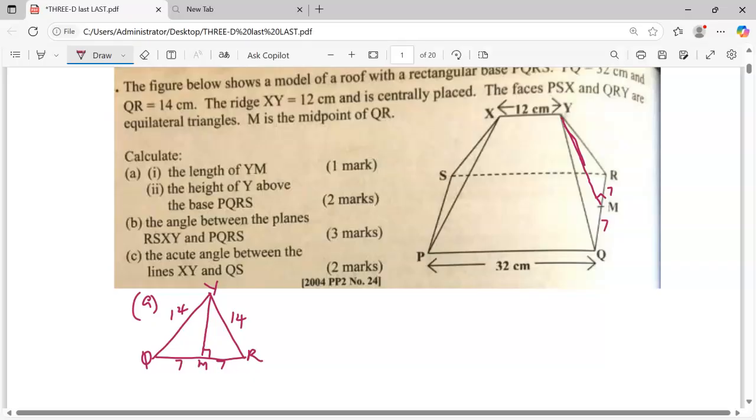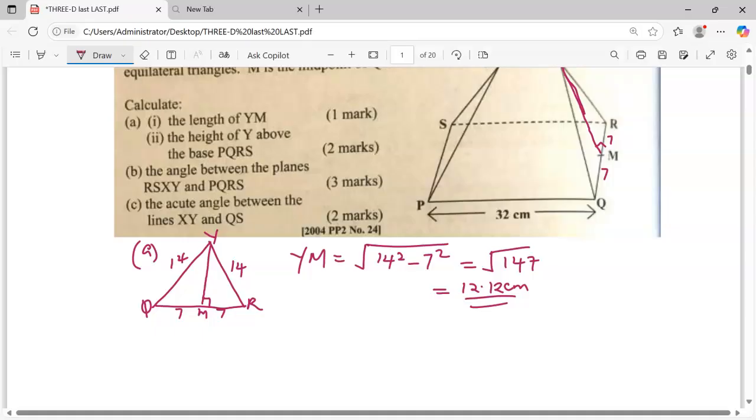For us to be able to get the length YM, we use Pythagoras theorem by using the triangle YMR, where YM will be equal to the square root of the hypotenuse squared, that is 14 squared minus MR, which is 7 squared, and this one is going to give us the square root of 147, which translates to an answer equivalent to 12.12 centimeters.